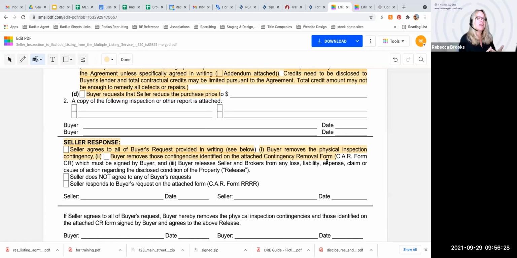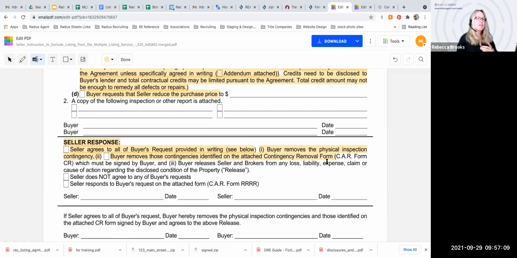This is the vehicle that provides that exchange, because if you don't use the request for reform and you just use a request for repair and you just use an addendum, and you say to the seller, hey, sign this addendum to give me a $10,000 price reduction, and then I will remove my contingency, well, the seller sometimes doesn't want to do that, because they want you to remove the contingency at the same time in order for them to sign the agreement for the $10,000 credit. And so this is the form that says, if you do this, then I will do that. This is the form that you use to exchange something for something else.